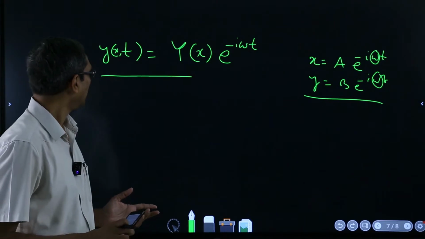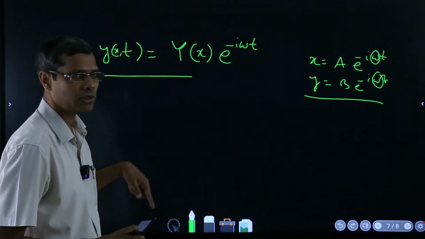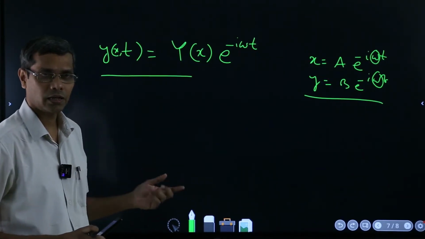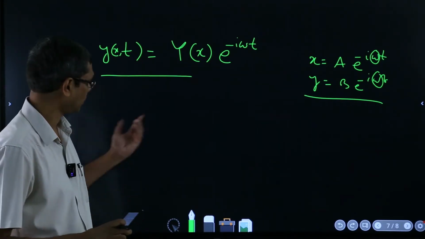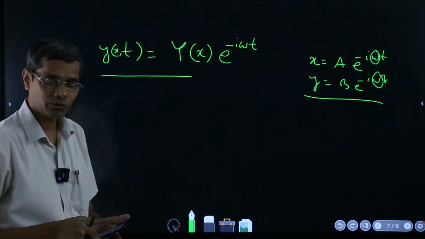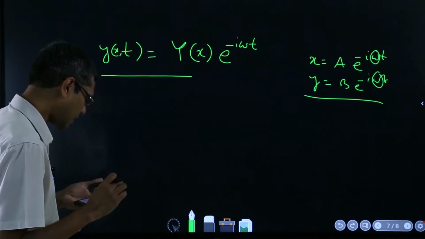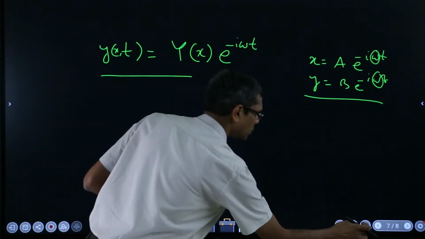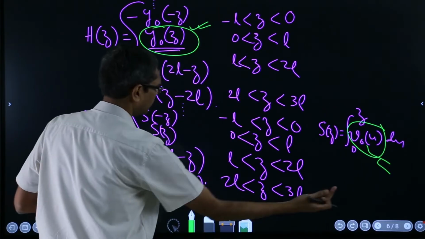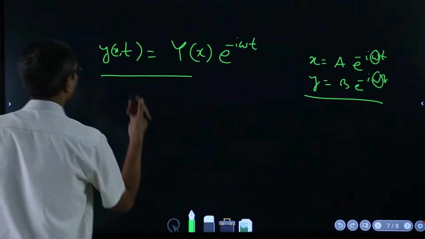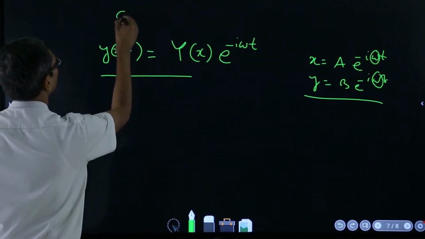Now if you substitute this in the wave equation, you will get a differential equation which will be only in x. I haven't written the wave equation anywhere, so I'll write it here.